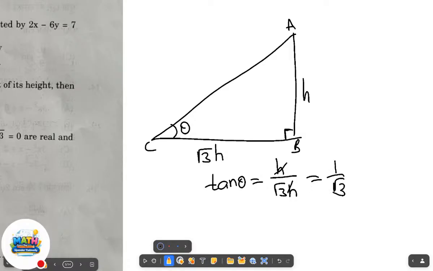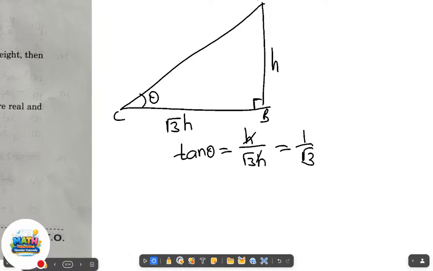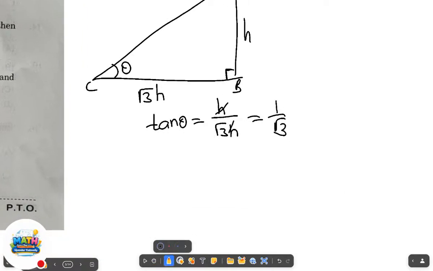So where do we get 1 by root 3 in the tan values? tan theta is equal to 1 by root 3, which is the value of tan 30 degrees. So if you compare, theta will be equal to 30 degrees.